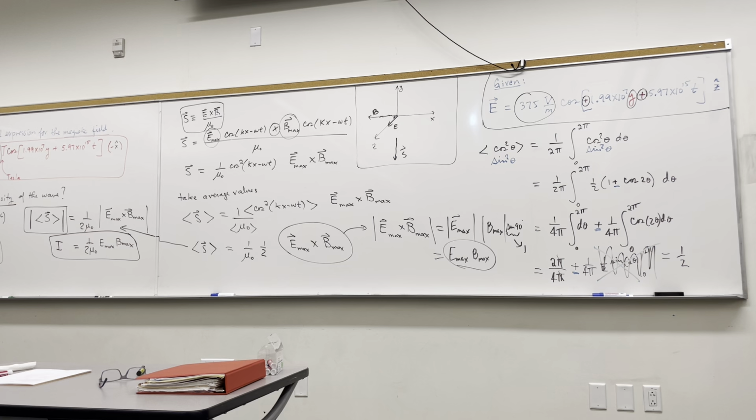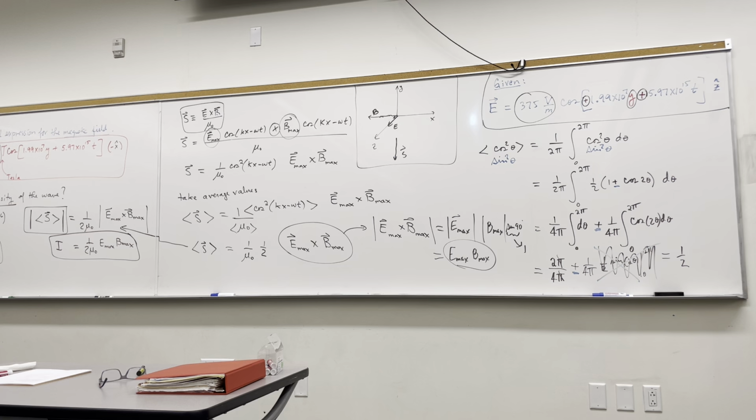So it will be 1.99 times 10 to the 7th y plus 5.97 times 10 to the 15th t. So we need to figure out the amplitude of the magnetic field, and in which direction it's oscillating when the electric field is oscillating in the z direction.